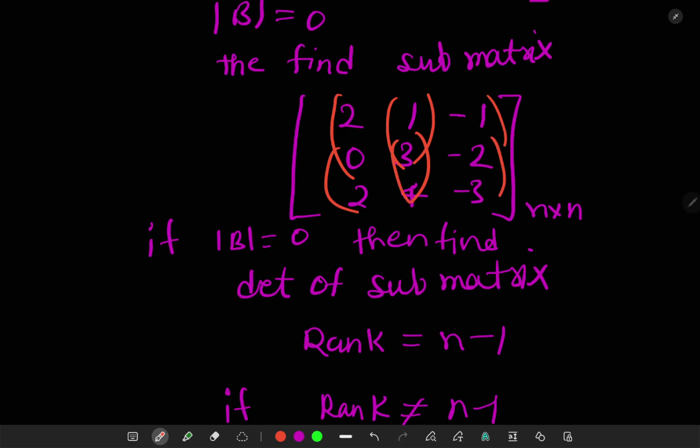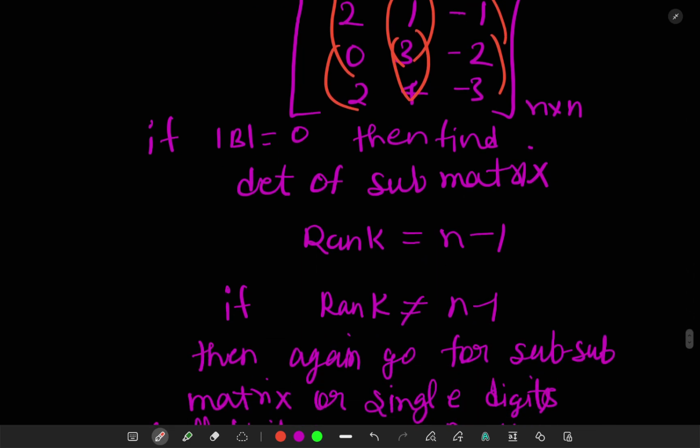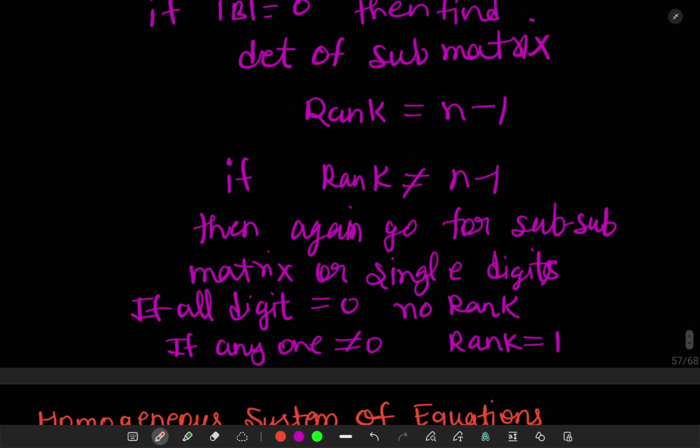These are the submatrices of this matrix. If the determinant of a submatrix of B is also 0, then again go for submatrices, up to a single digit. If every digit is equal to 0, then there is no rank. If any one does not equal 0, then the rank is equal to 1.